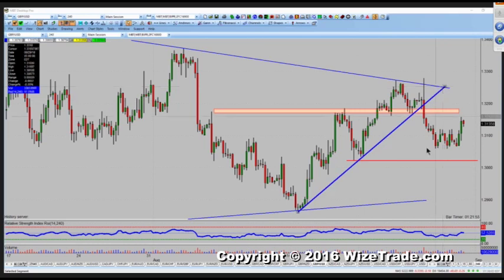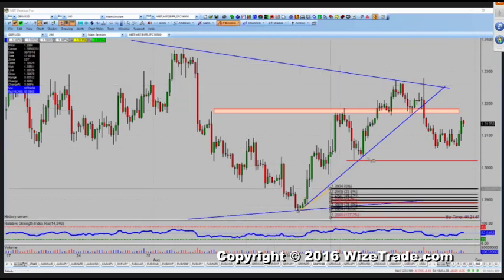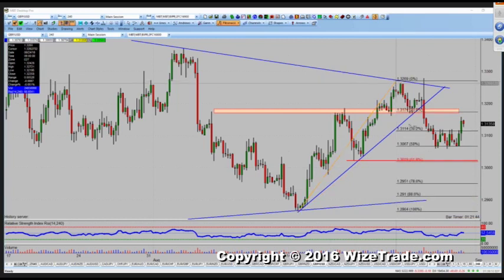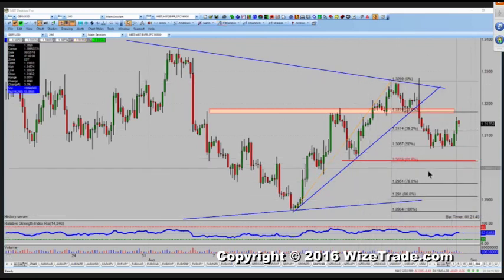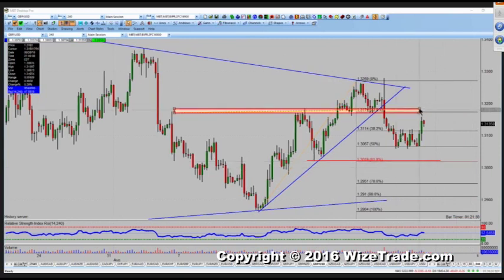We only retraced a 50% retracement. If you take the low to the high here, there's a 50% retracement. So that held. Now we're coming right up to the sell zone again.